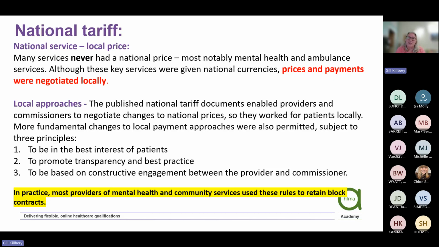We need something that can reduce those so you've got a manageable process. So there will be, for a lot of these, a national currency, but the price and payment is negotiated locally.